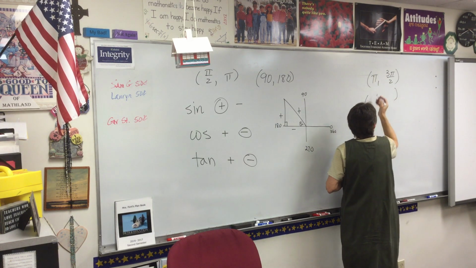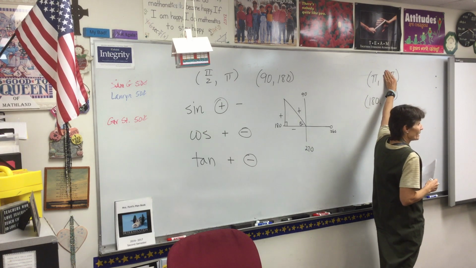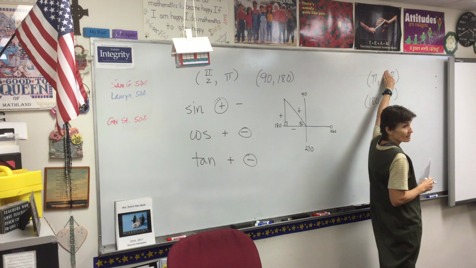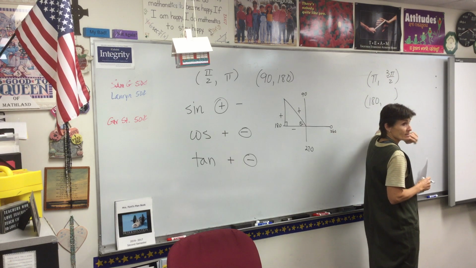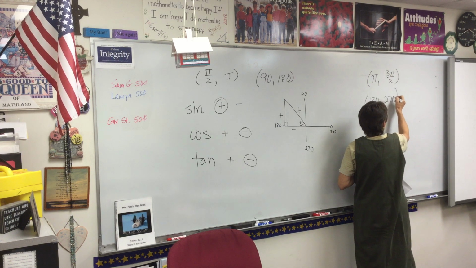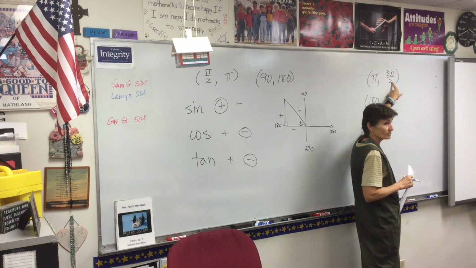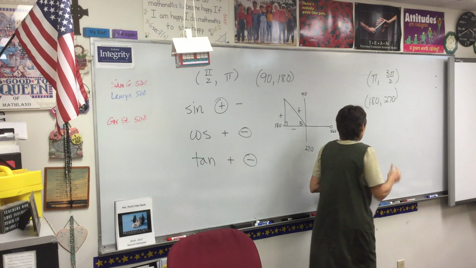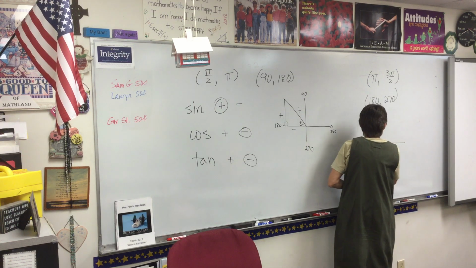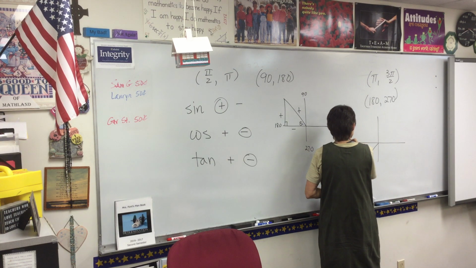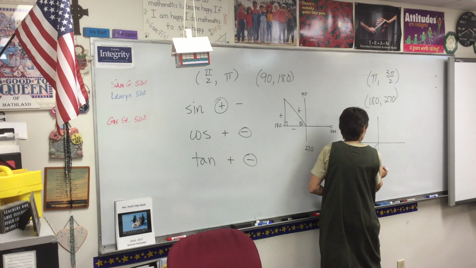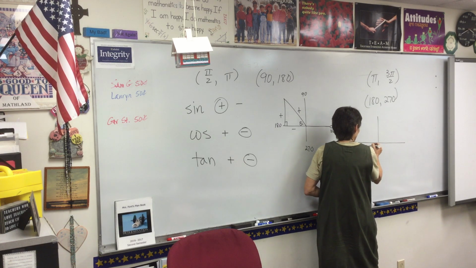What is that in degrees? 180. 180 divided by 2 is 90. Times 3 is 270. Everybody get all that? That's 180 divided by 2 times 3. So now I'm looking in quadrant 3 because this is 180 and this is 270. So I'm in here somewhere.